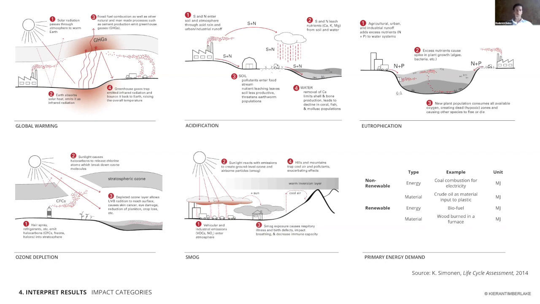The other thing to note is that within each one of these categories, there's a wide variety of different types of pollutants that can be contributing, but they're all just lumped together into acidification, global warming, eutrophication. The reason they do this is you don't want to break out each type of chemical. Let's say in the case of global warming, you might have very severe methane emissions during end of life for wood as it decomposes and goes into the atmosphere.